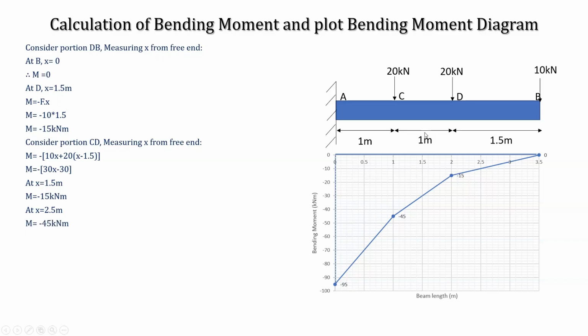And the magnitude of the load is, say, 30. So it is 45 kilonewton meters at the point C, considering the effect of these two forces.